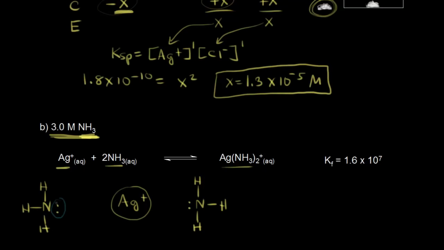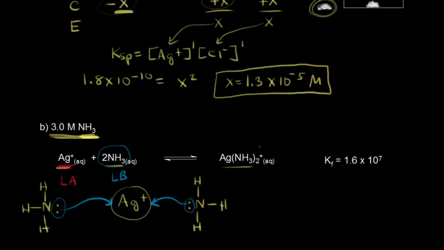The nitrogen has a lone pair of electrons, and each ammonia molecule is going to donate a pair of electrons to our silver +1 cation. So ammonia is an electron pair donor, so this must be our Lewis base. And the silver +1 cation is accepting a pair of electrons, so this must be our Lewis acid.